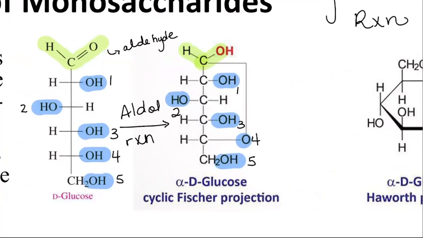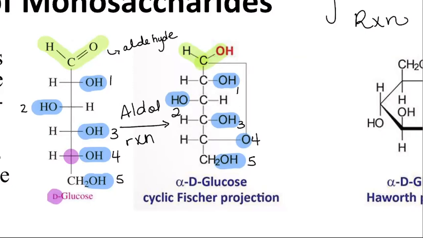So that's why specifically in this reaction, the OH that determines the D configuration, which means, remember, D means that the OH in the chiral carbon that is the farthest away from the aldehyde is pointing to the right, okay? So remember, the D is because of this carbon atom.